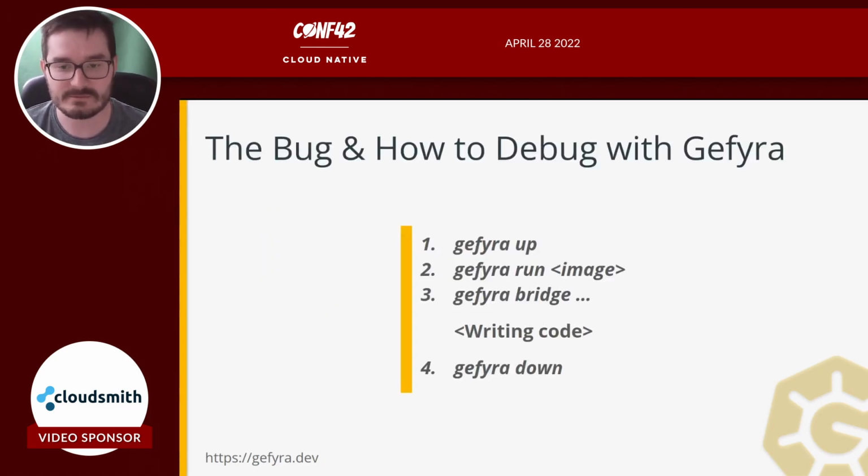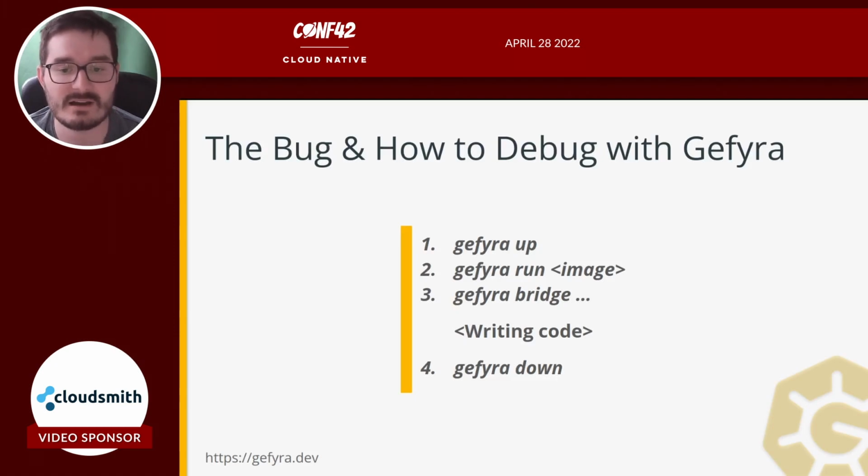Right, the process with Gefyra is quite simple. You run Gefyra up in order to set up the development environment and the infrastructure. You can then run Gefyra run with virtually any image that you'd like to run in the context of a Kubernetes namespace. Maybe it's a new service that is not yet reflected in Kubernetes workloads, but you would like to run and develop a new service in an existing mesh.